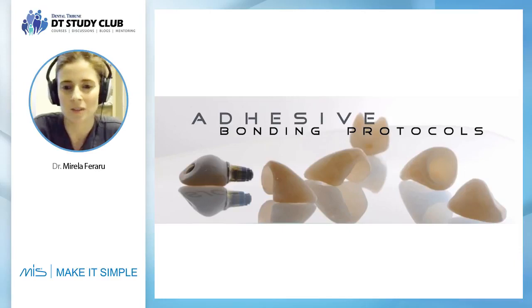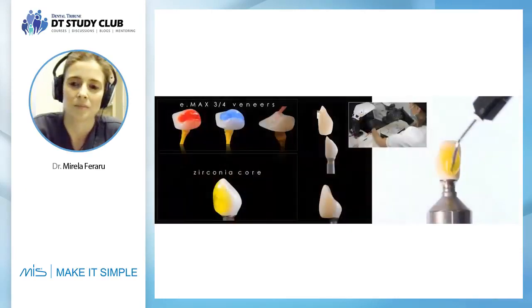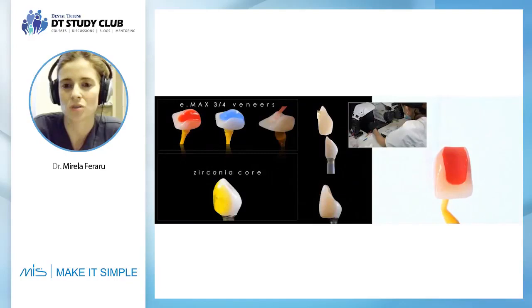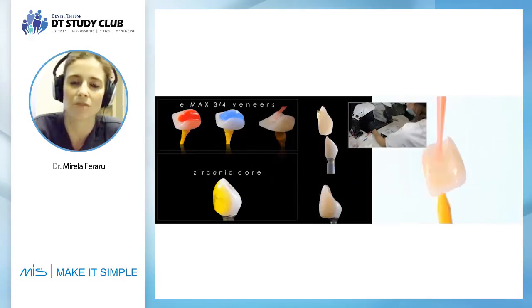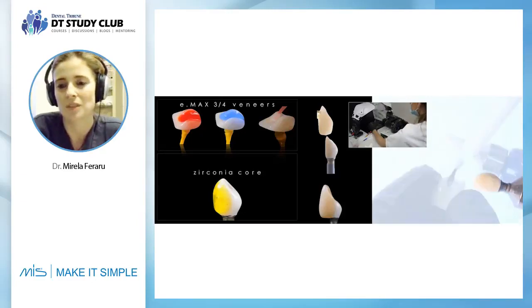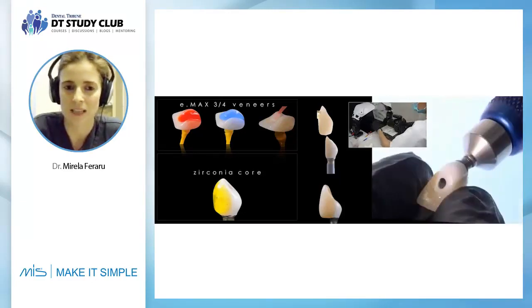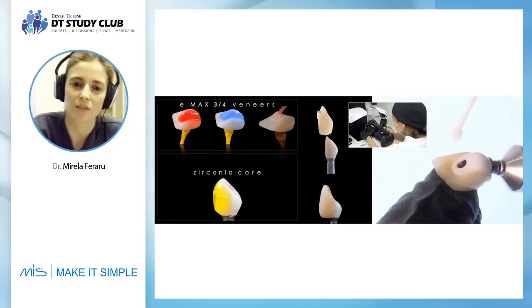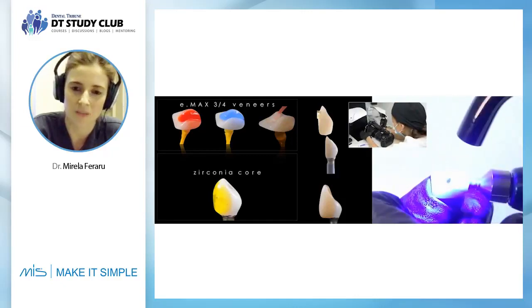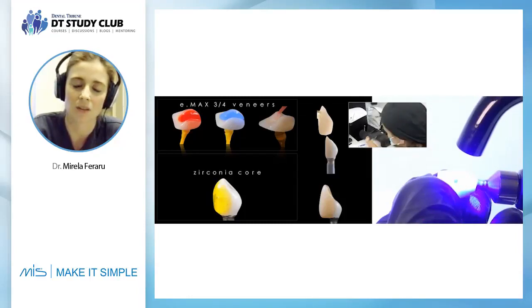Everything that we have done depends also on the last stages when we insert and bond the ceramic restoration. So we condition and we follow the strict protocols of the company that provides these specific materials, because different types of ceramics will have different protocols in terms of how to condition and how to adhesively bond those restorations.